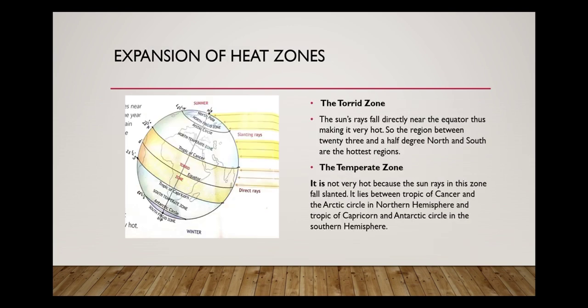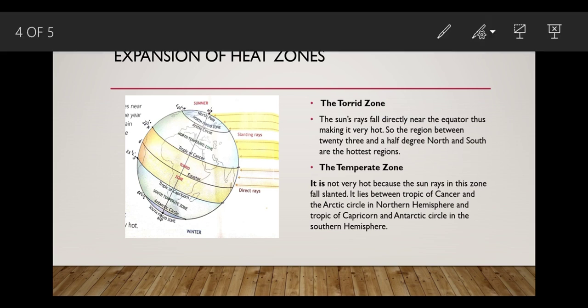Children, the different heat zones receive different amounts of sun rays. Now let us see the torrid zone. The sun rays fall directly near the equator, thus making it very hot. So the region from 0 to 23 and a half degree north and from 0 to 23 and a half degree south experiences the maximum heat.